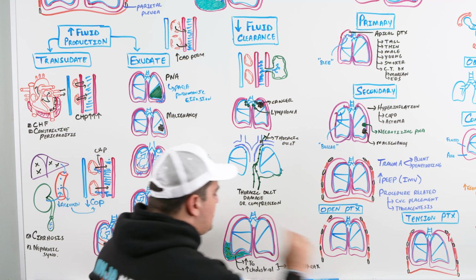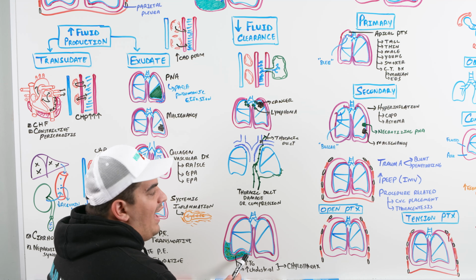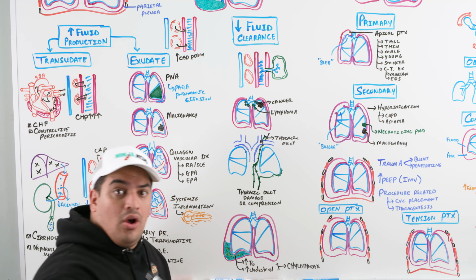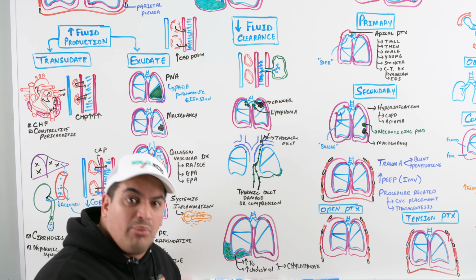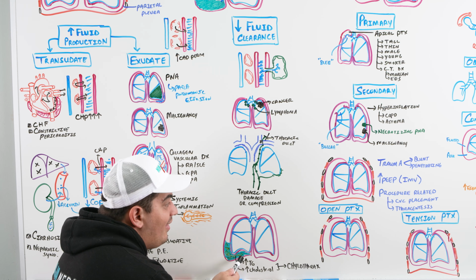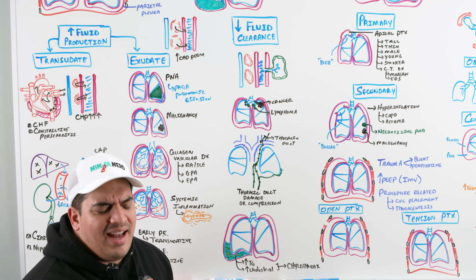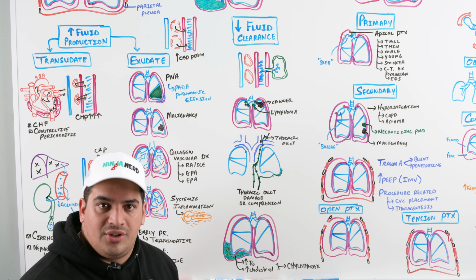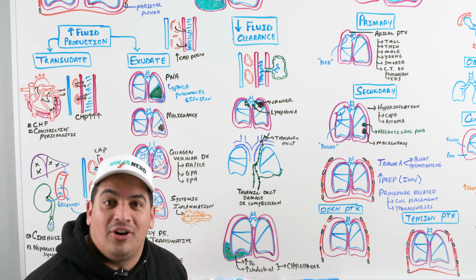Now, there's a special term that you need to know for this. So if for some reason the lymphatic vessels are clogged up because someone has lymphoma, or they have a cancer that's pressing on that actual lymphatic tissue, or they have the thoracic duct that's being damaged or compressed for whatever reason, then that pleural fluid will accumulate lymphatic contents. You know, lymph is really rich in fatty molecules such as triglyceride and cholesterol because it carries these things called chylomicrons.